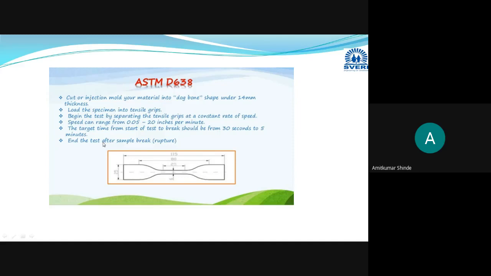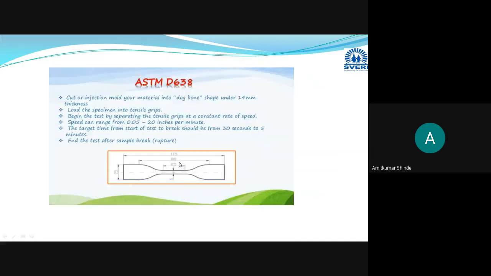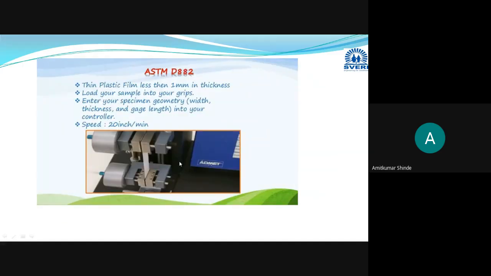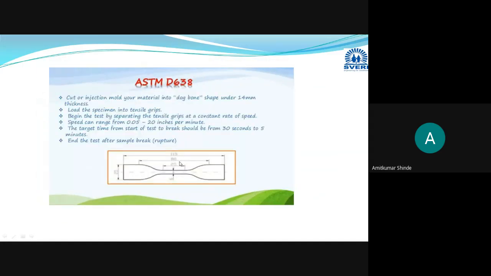Or you can check the dimensions here. I will try to zoom it if it is not visible, or you can zoom it on your screen. Okay, these dimensions will be visible. Just remember that the standard used will be ASTM D638, and under that this specimen will be prepared.